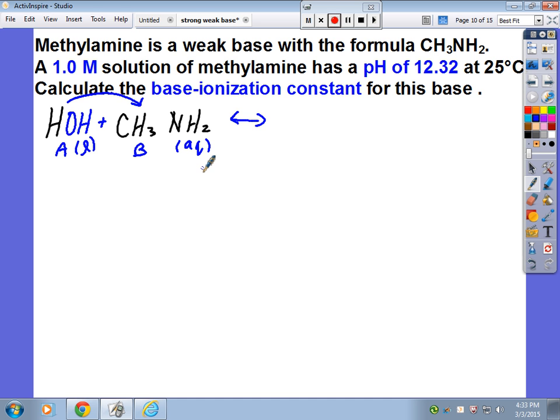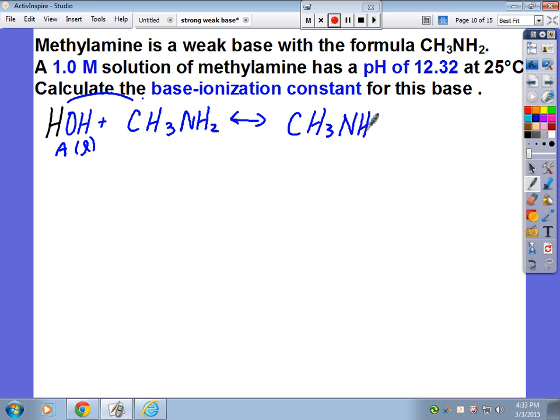Okay? And by the way, I didn't mean to separate these. This is actually one big compound here. So let me write it so it's a little clearer for you. This is CH3NH2. Okay? Now what's going to happen is this is going to form CH3NH3 plus.